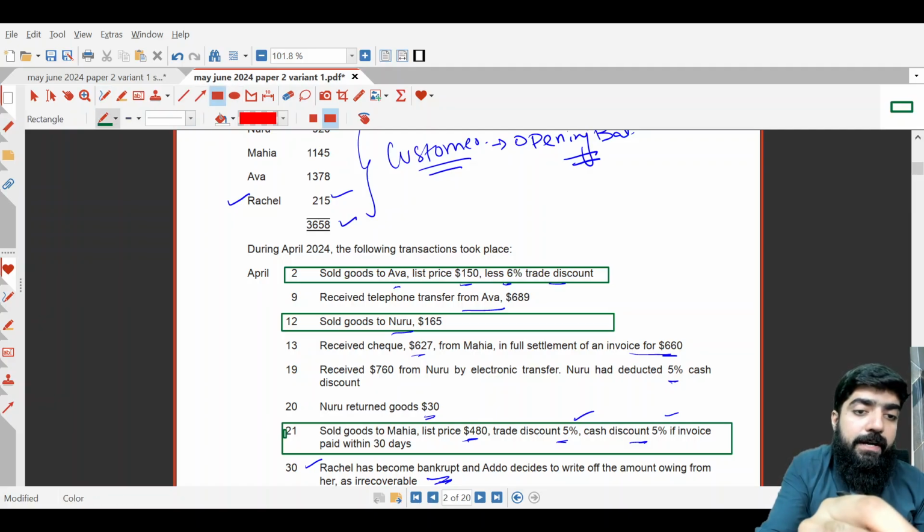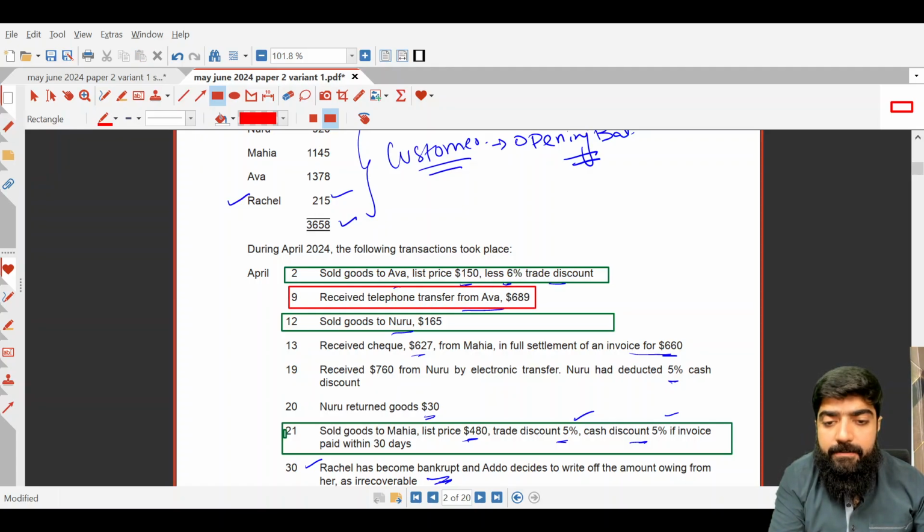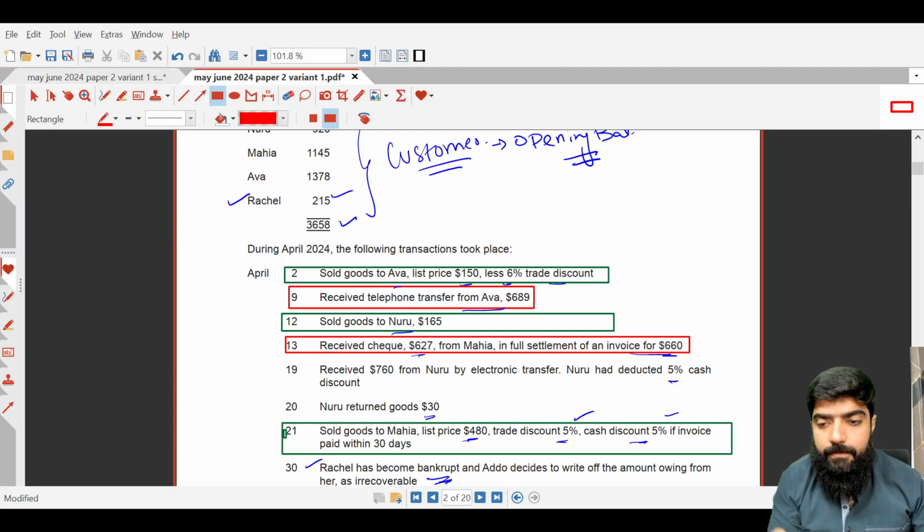We need to identify the transactions in which we have received the amount. So let's identify the transactions. So this is 9th April, right? Yes. And the other one is the 13th April, right?